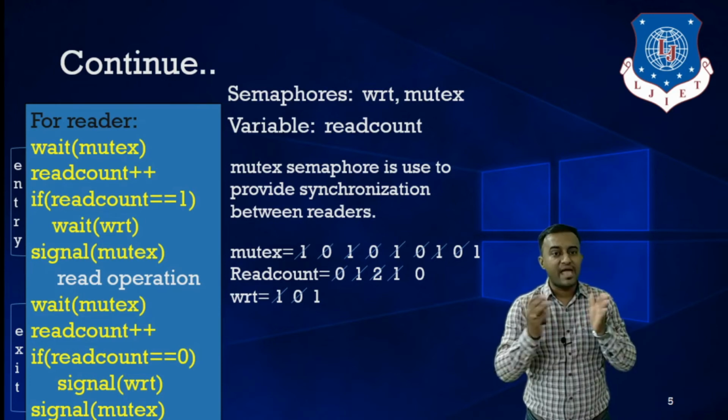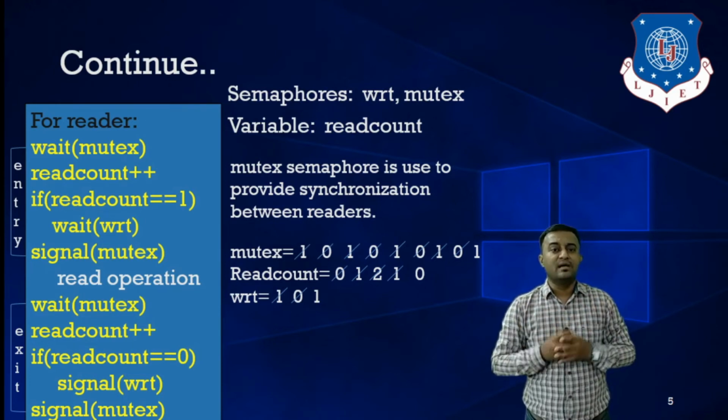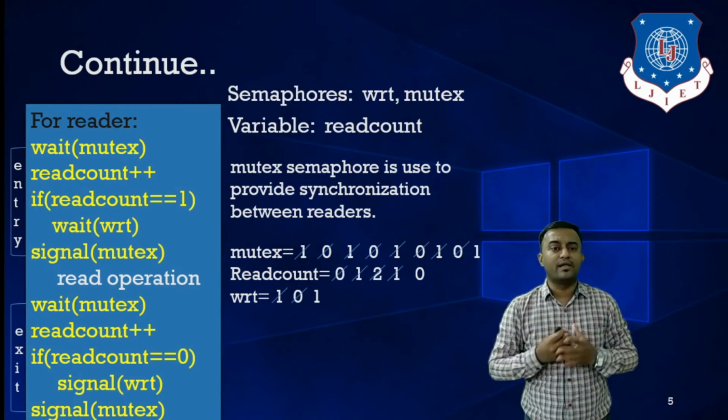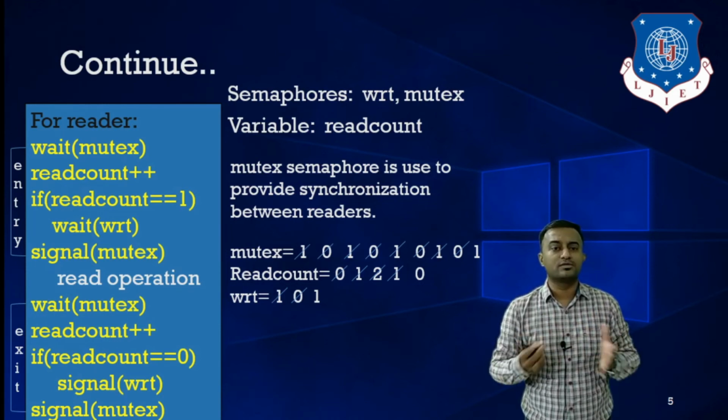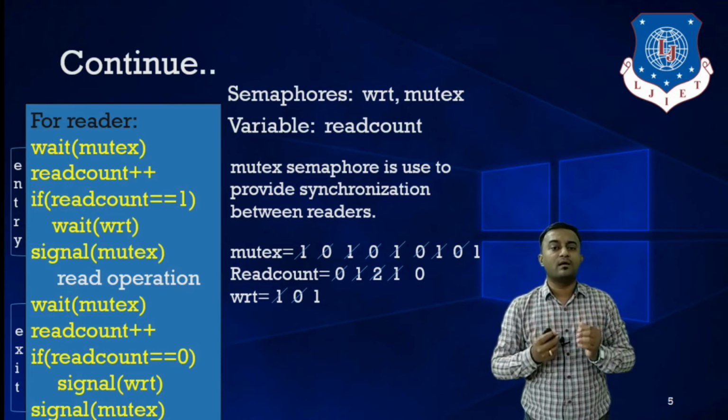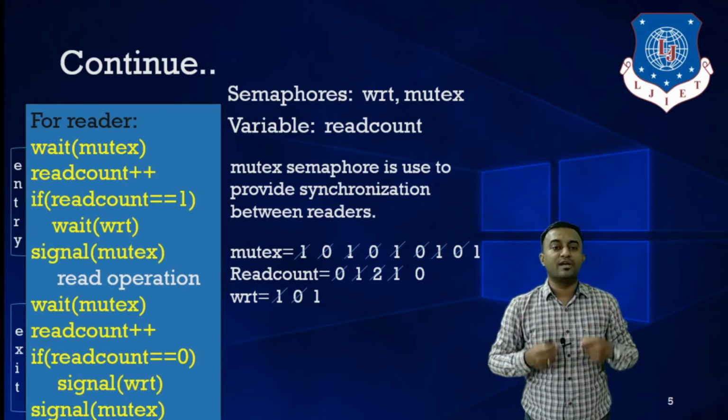So with this understanding, let us take these two semaphore values, mutex and WRT. The initial value of mutex is 1, because we are dealing with the critical section problem.